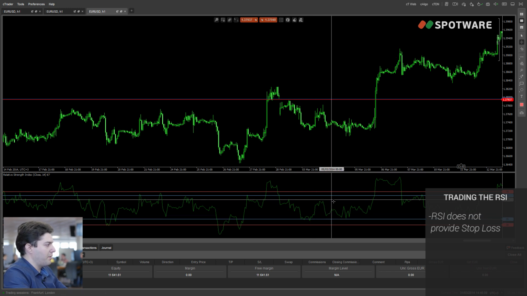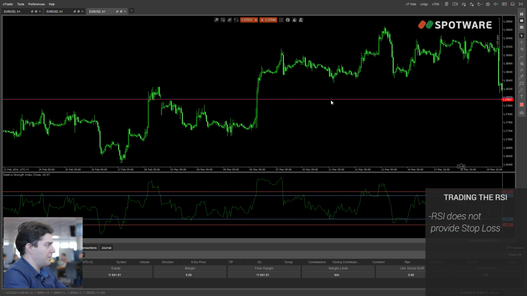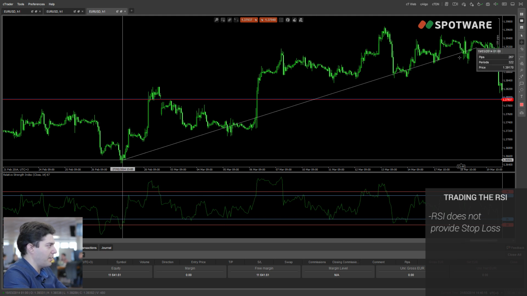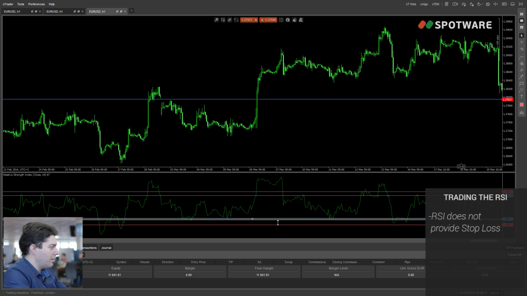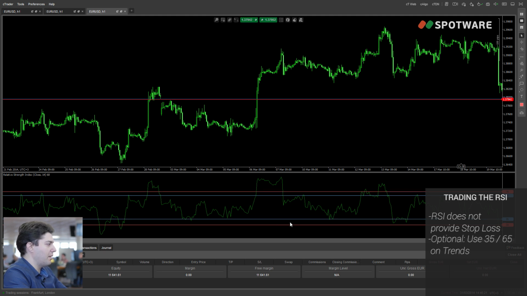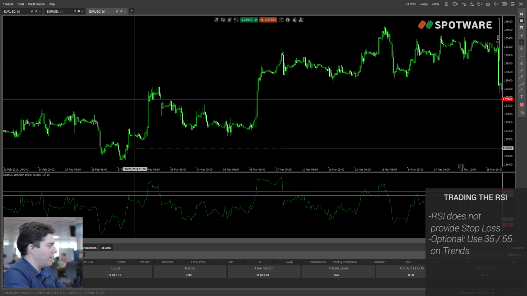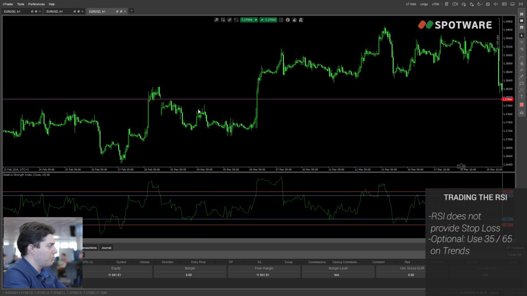And also another trick that you can do with the RSI: when you have an established trend like this one, with higher lows and higher highs, you can use the levels 35 and 65 instead of 70 and 30, because when we have a trend, the price goes rapidly in a specific direction, and because of the way oscillators work, it's not going to reach level 30.